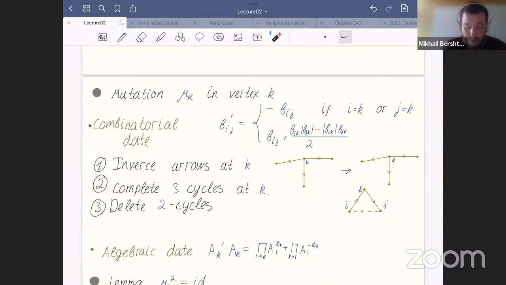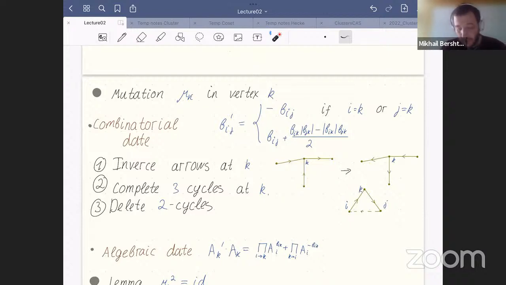So geometrically, this algorithm is performed in 3 steps. First, we invert all arrows at the vertex k. So, for example, I draw it here. I assume that we have, say, 3 arrows, and we invert all of them.